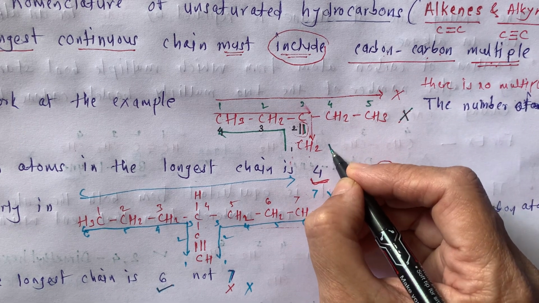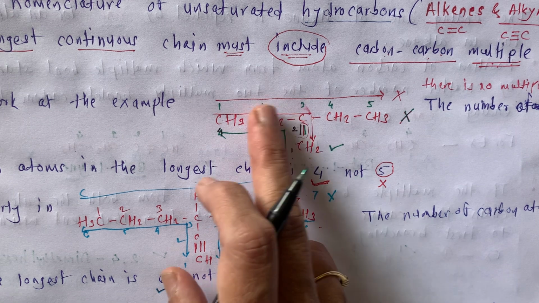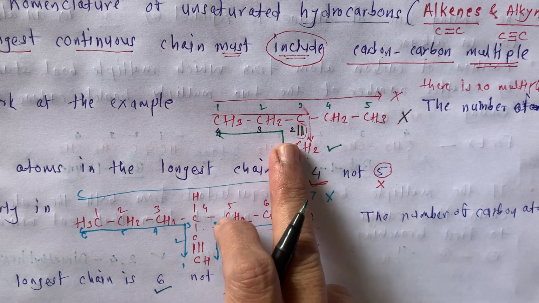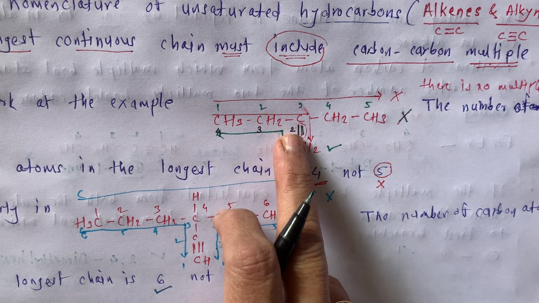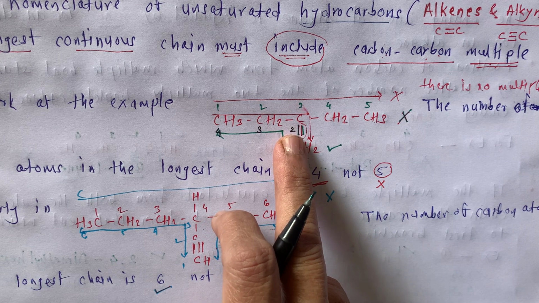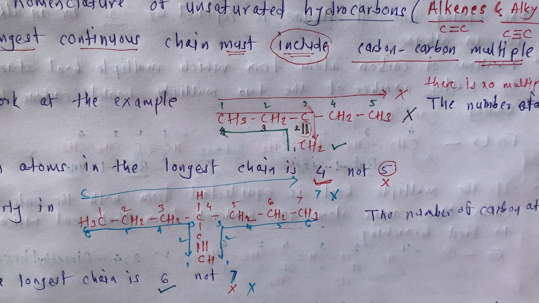You have to think about only this chain. So 1 2 3 4 means the parent hydrocarbon is butane and this is a derivative of butane. When there is a double bond it is an alkene, so this is nothing but butene. But we will see a few more rules and then we will give the name of this compound.